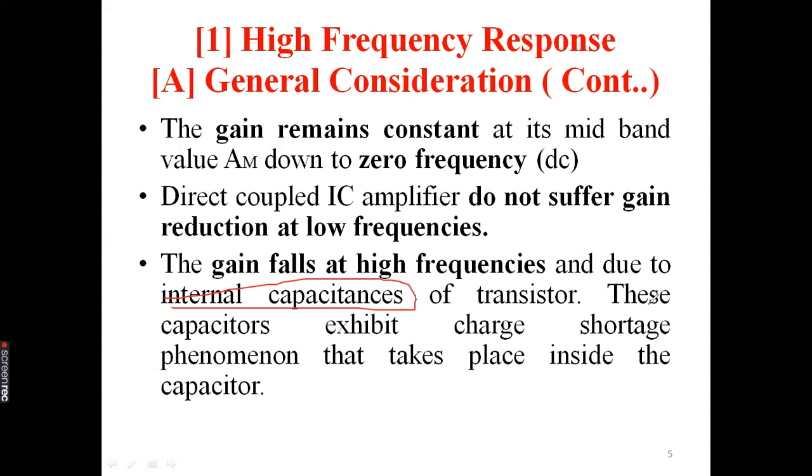That is because of a phenomenon called the charge shortage phenomenon that takes place inside the capacitor. You can take down that point: charge shortage phenomenon, which is exhibited in the internal capacitances of the MOSFET device.